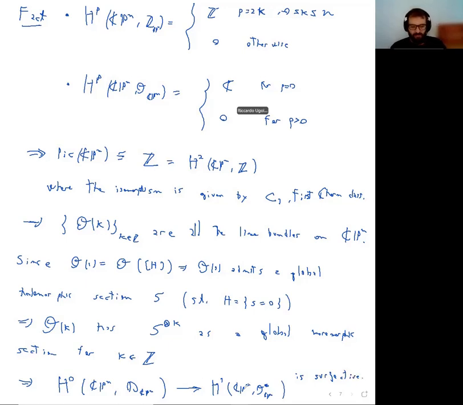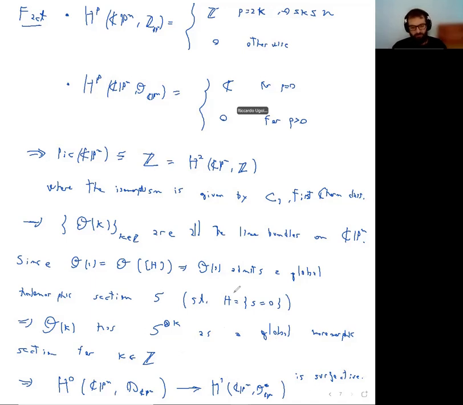If you remember, we said that the line bundles which are in the image are precisely the ones that admit a global meromorphic section. This was one of the theorems. So the fact that every line bundle admits a global meromorphic section means that this map is surjective.